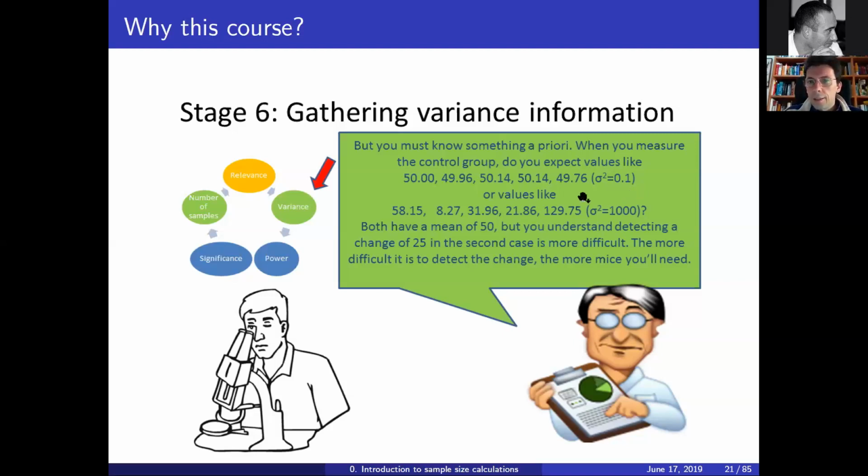So detecting a change from 50 to 25 in the first group is extremely easy. With just one animal, you can see it. So if your treatment is so effective that it decreases from 50 to 25, in the first group it is obvious. But if you have the second situation, then showing that it decreases from 50 to 25 is more difficult.